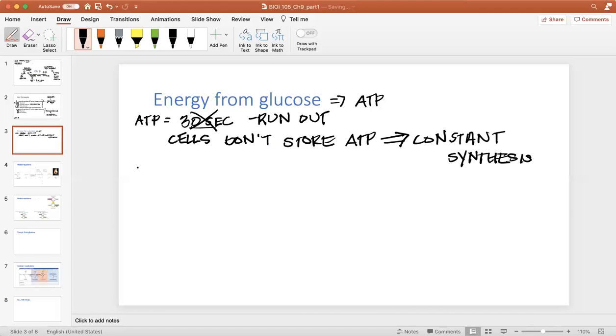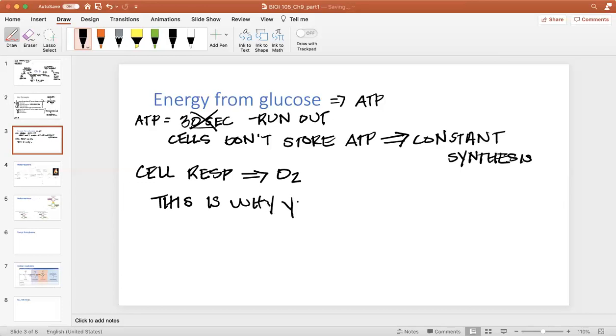And if we're talking about cellular respiration, and I'm just going to put cell resp, remember that cellular respiration is aerobic and it requires oxygen. So this is why you breathe, guys. This is why you breathe oxygen.